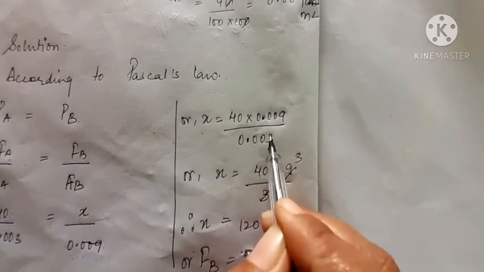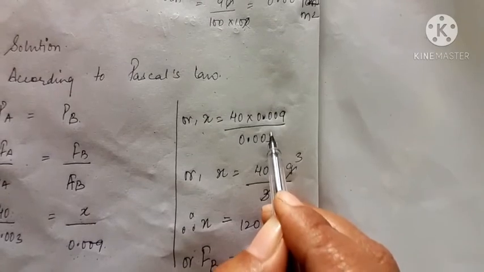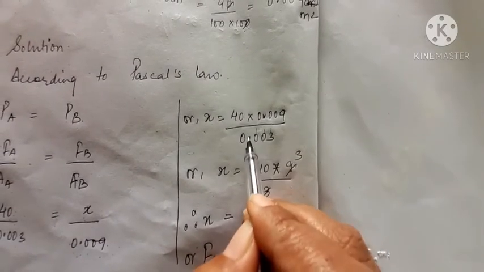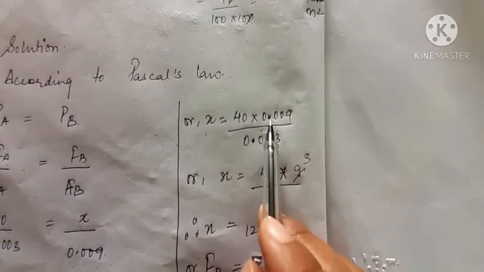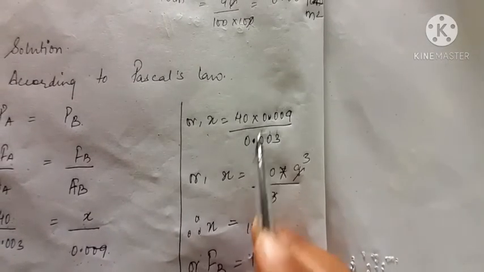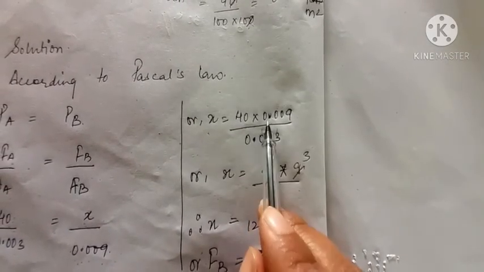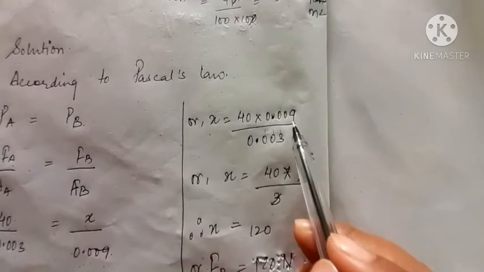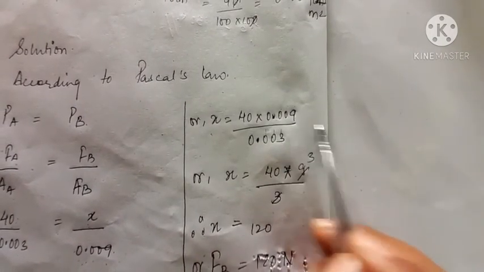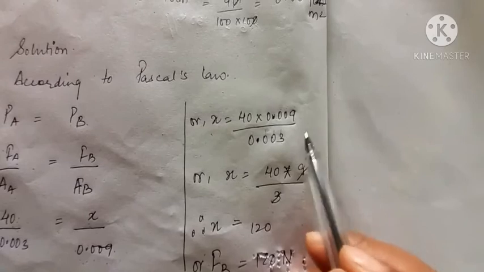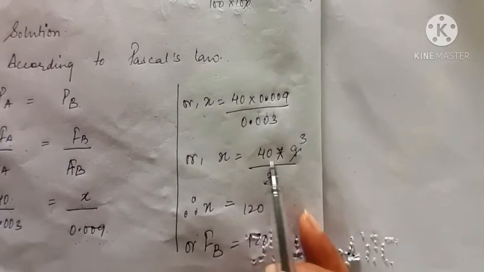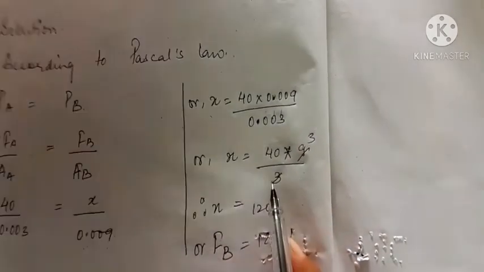Here also the decimal is in front of 3 places, 1, 2 and 3. So when I take out the decimal for both these, just like I had done in the numerical before this, what will be? 9 into 1000 divided by 3 into 1000. 1000 will get cut. What will happen? 40 into 9 divided by 3.